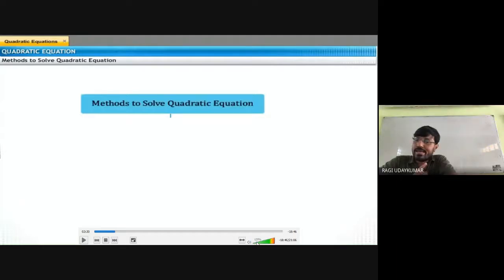But in the case of the quadratic equation, no need. Only the x square coefficient should not be equal to 0.